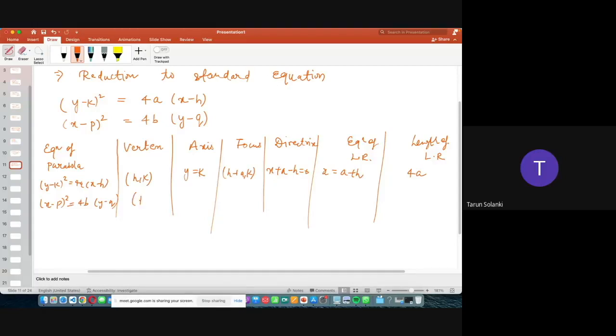Now for this one, the vertex is (p, q), the axis is x equals p, the focus is (p, b plus q), the directrix is y plus b minus q equals 0, the latus rectum is y equals b plus q, and its length becomes 4b. So you can note down this table.